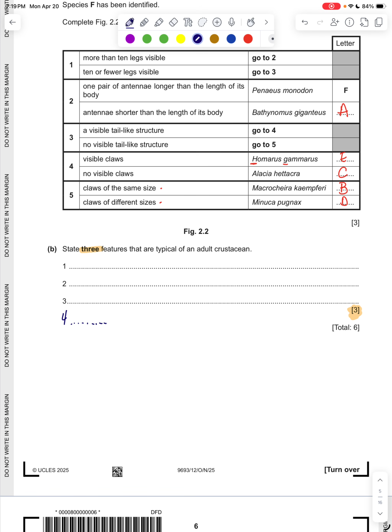So if you said like 2 pairs of antennae, and that's correct. But then down here for number 4, you said 3 pairs of antennae.